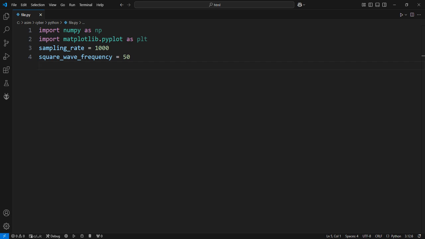Number of samples. This will determine how much time we cover. We want 1 second of data. Time duration for our signal in seconds. Total number of samples, which is the sampling rate times the duration.